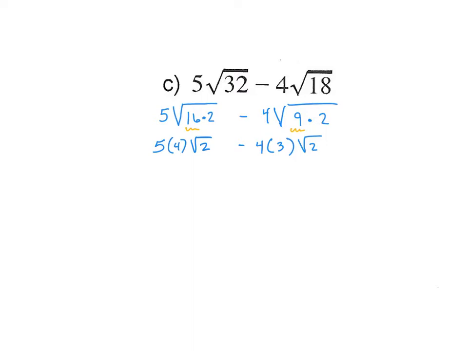So when I simplify these, I'm going to have 20 square root of 2 minus 12 square root of 2, which, combining my coefficients there, I end up with 8 square root of 2. And that's how I'm able to simplify those.